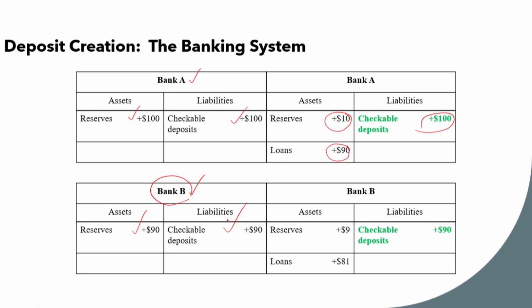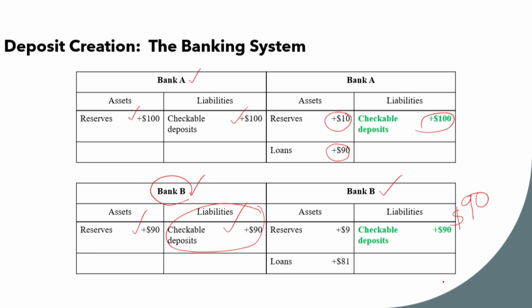Because it immediately credits this much money to that individual's checkable deposits. Then assume the money deposited with Bank B, this customer is not withdrawing and prefers to keep it here as a checkable deposit. Then this bank also now needs to lend out this money, and assume it is also loaning out this money. Then what it has to do, because it received a deposit of $90 here, that is the deposit.